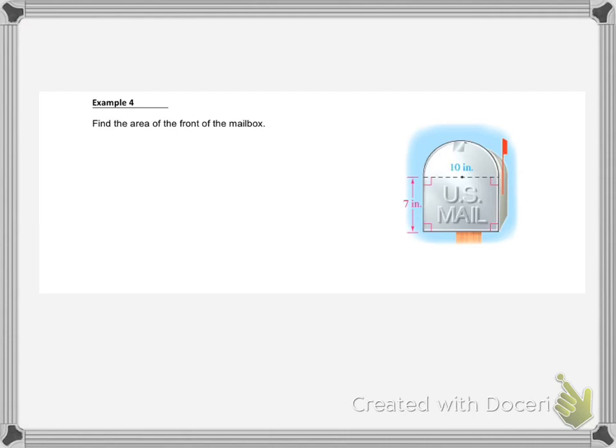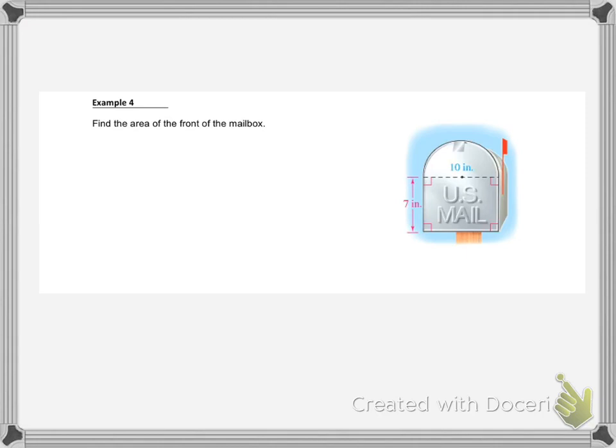Okay, so the last one we're going to look at, we've got a composite figure here. And in this composite figure, we've got a rectangle down here on the bottom, and then we actually have a half of a circle up here on top. So I think starting with the rectangle, we can find the area of that, no problem.